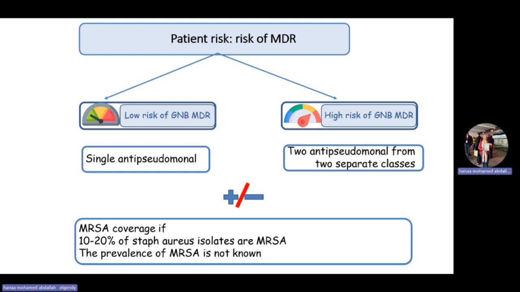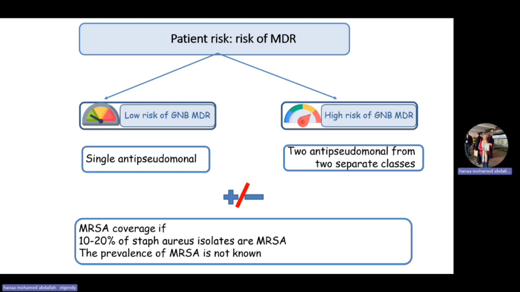It's very important: if we have no culture-based data, no antibiogram available, or stewardship is not available in the hospital, we have to cover MRSA if the prevalence is not known.